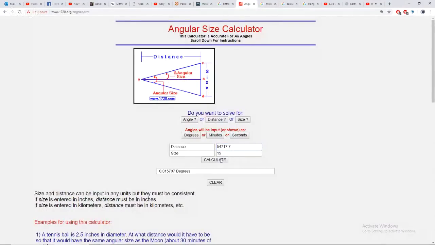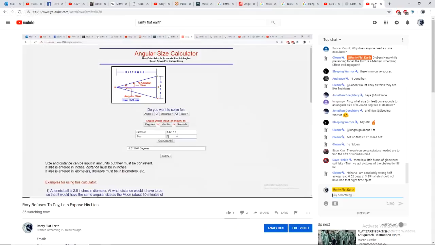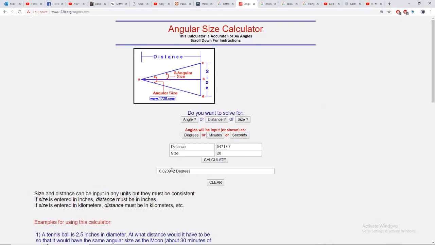Let's increase that more to 25. Let's calculate it. So it's going to be less than that. Let's do it to 20. Calculate. 0.20942. 2453 is going to be slightly less, so do 19.8. 19.5.